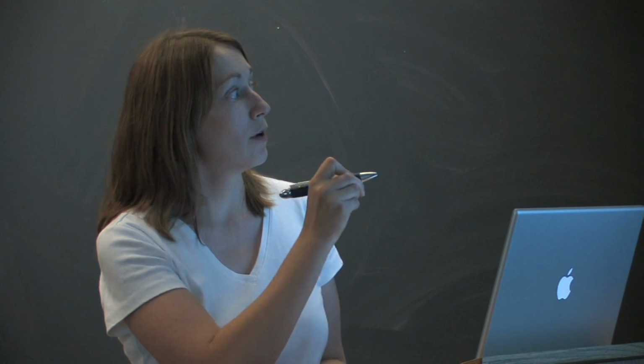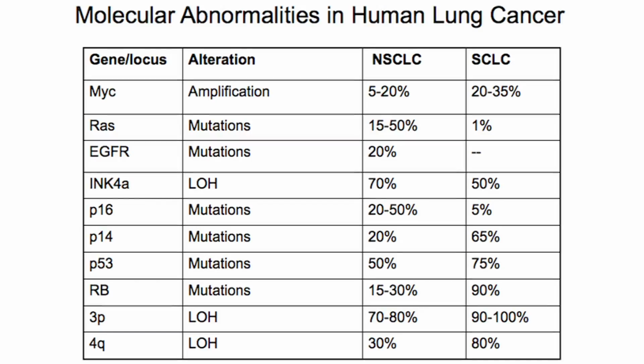And for example, some genes like P53 are very commonly mutated in both non-small cell lung cancer and small cell. However, interestingly, there are also differences. For example, the RAS oncogene is much more frequently mutated in non-small cell, whereas the retinoblastoma gene, RB, is much more commonly mutated in small cell lung cancer.